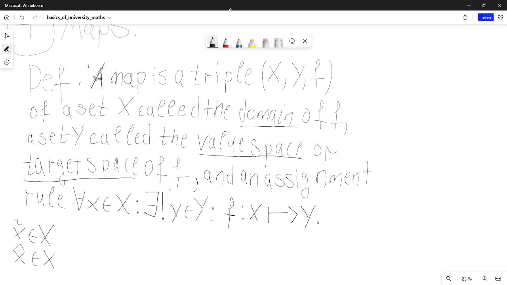How they interrelate between each other, like here was one y, call it y tilde, here is one y hat, and maybe y tilde is y hat, we don't care. The only condition is for each x there is exactly one y in Y that is assigned by f to this x. That is the only condition.